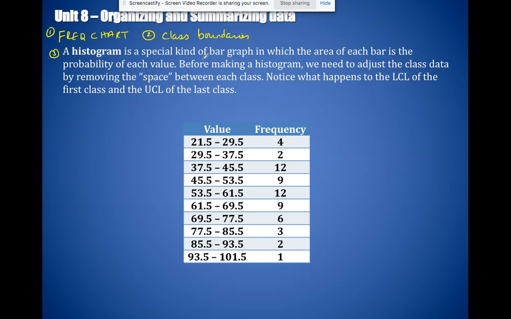So a histogram is not a bar graph, or at least it's only a type of bar graph. And a histogram has no spaces between the bars. A regular bar graph might look like this.